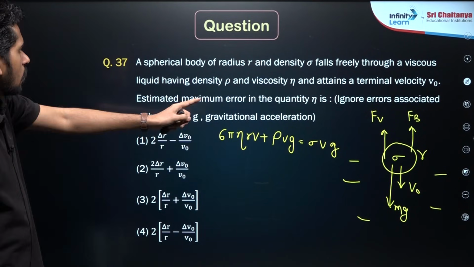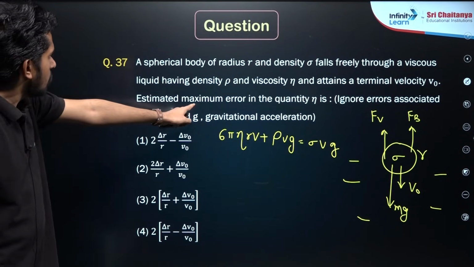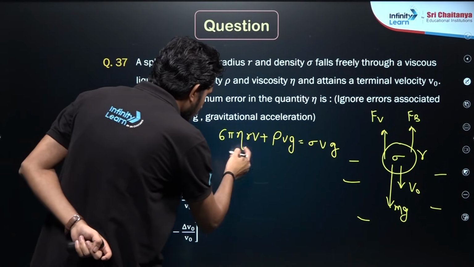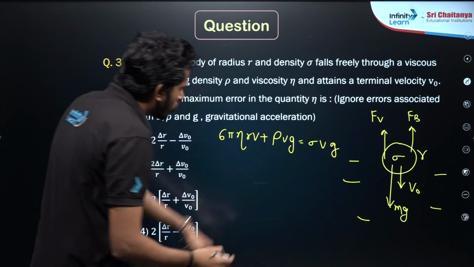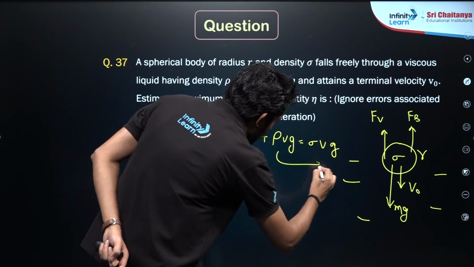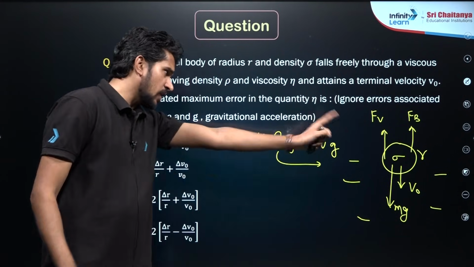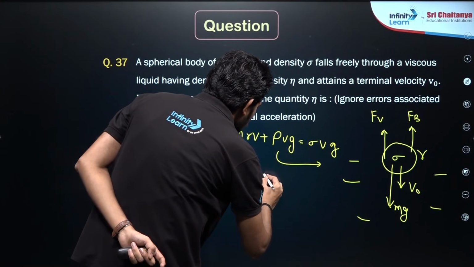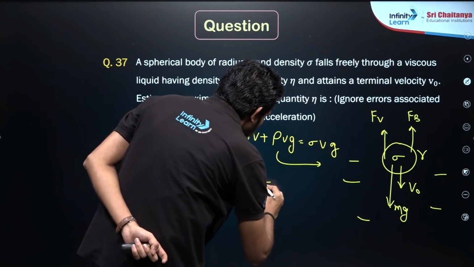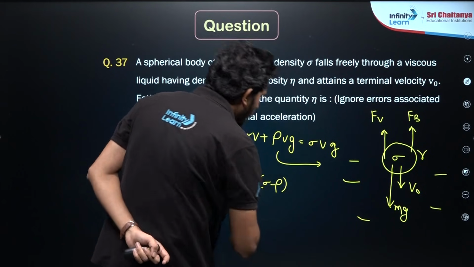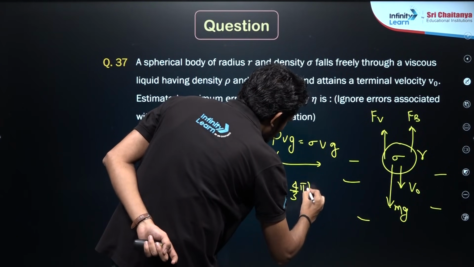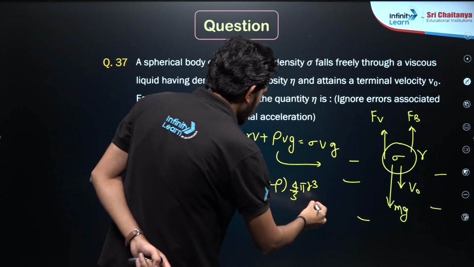Now estimate the maximum error in the quantity eta. So we need the error in eta. So simply I would send it to the right hand side. There we have sigma minus rho, and volume is how much? 4 by 3 pi r cube. Simple.